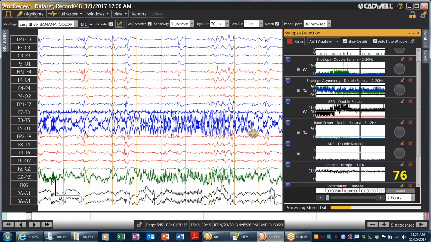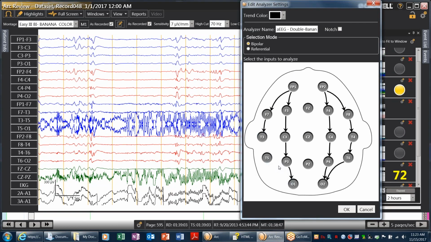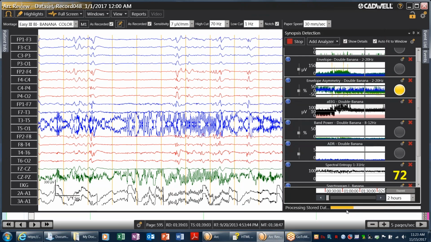So we can skip through here and G5, I think that's the main one. Now it's going to recalculate that though, isn't it? There we go. Let's see what it does for amplitude.